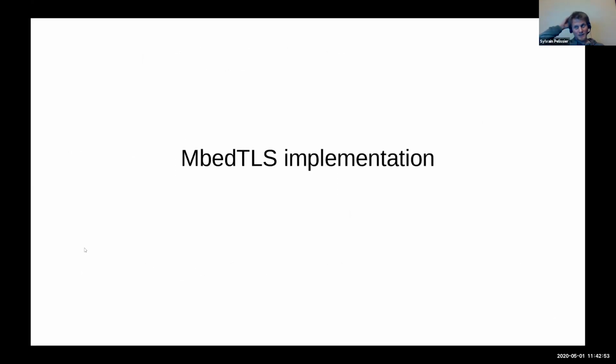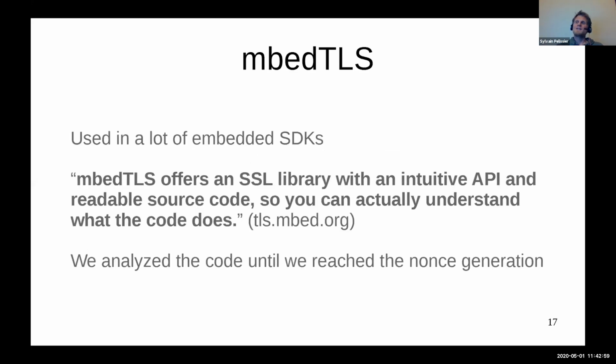Now, let's see how it is implemented in mbedTLS. mbedTLS is really used in a lot of embedded SDKs. It really targets the embedded world. As it is stated on the website, it offers an SSL library with intuitive API and readable source code, which is in fact true, and it was really easy to spot where things happen.